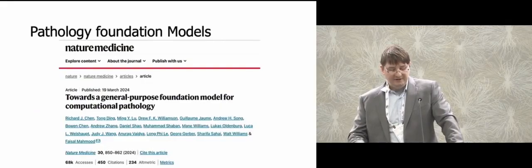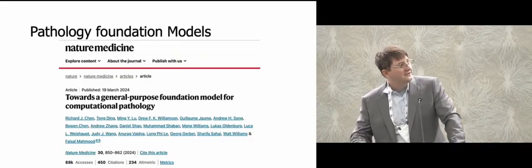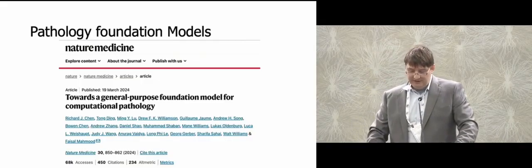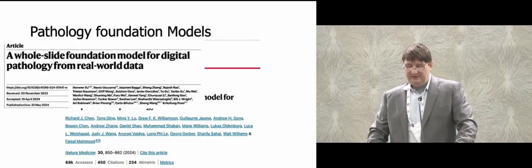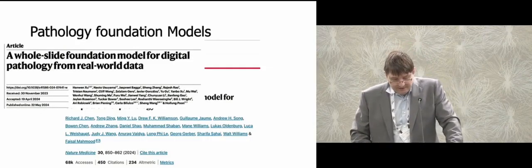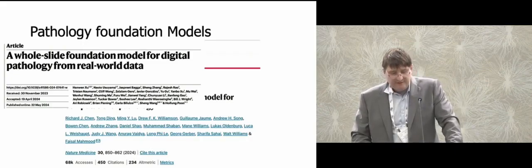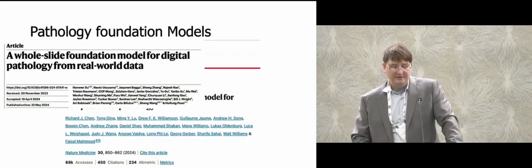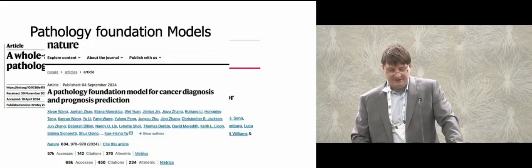So there have been many highly publicized, high impact factor journal publications regarding these foundation models. This is UNI from Harvard, Faisal Mahmood's group. This is the Microsoft group, GigaPath, which was published in Nature.